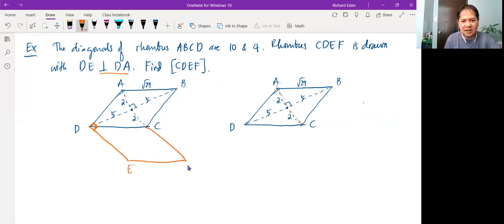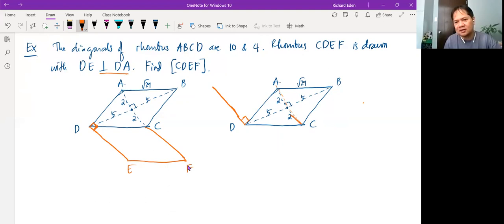C D E F, and this time we would go this way. Wait. C D. No, C A, because it's perpendicular.